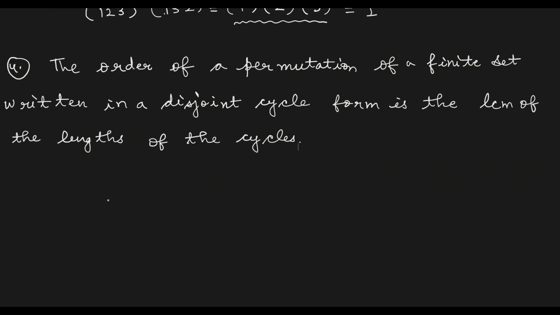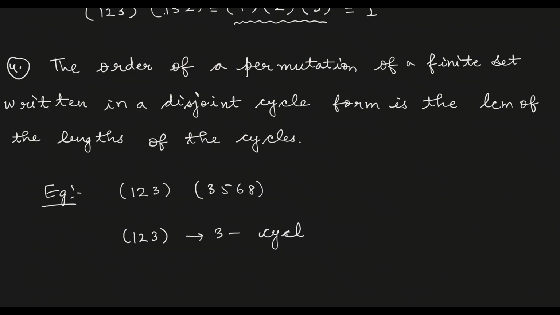For example, (1 2 3)(3 5 6 8). (1 2 3) is a cycle of length 3, so its order is 3. (3 5 6 8) is a 4-cycle, so its order is 4.